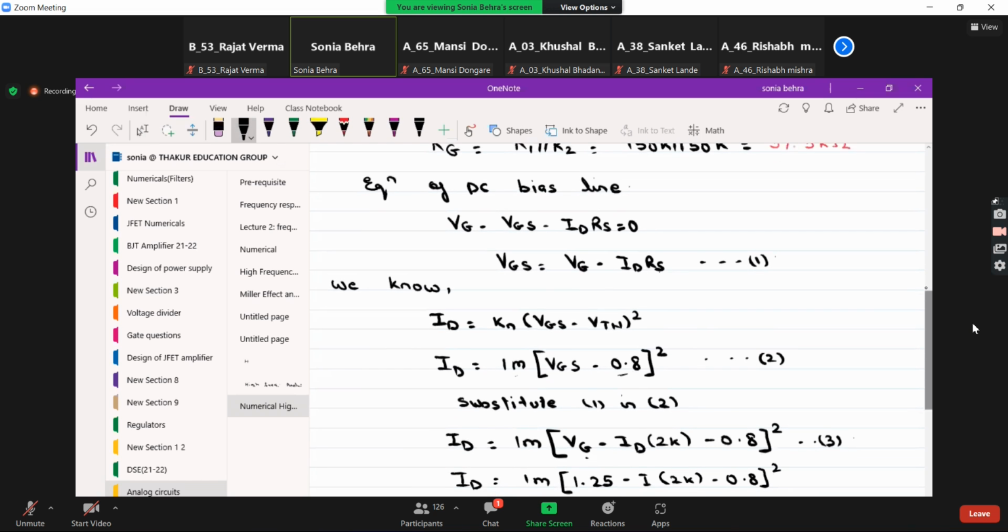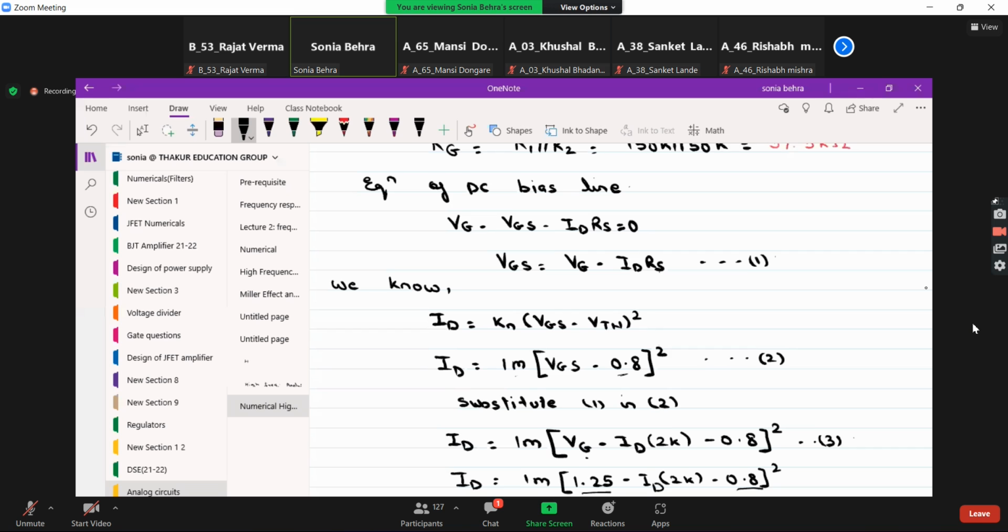In equation 3, put the value of VG which has come, 1.25, and solve. So you will get this 1.25 minus 0.8. So that is coming out to be 0.45 minus ID into 2K the whole square.